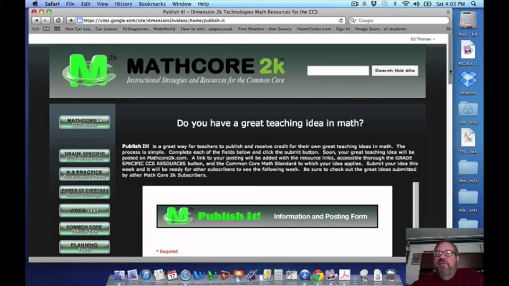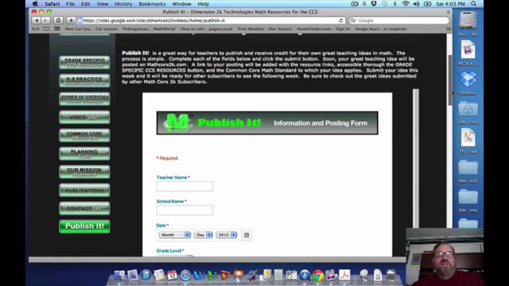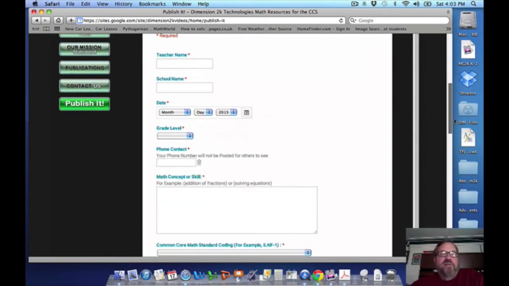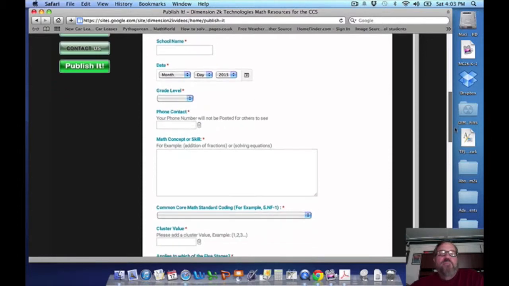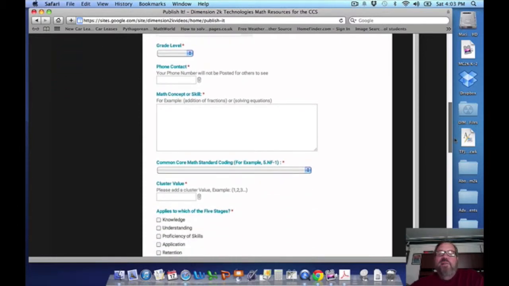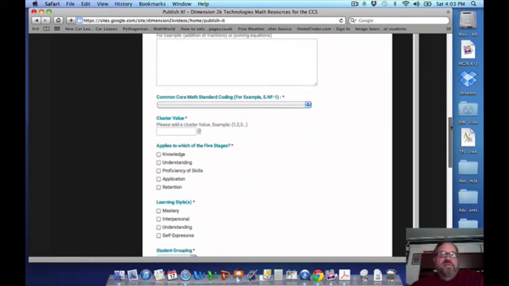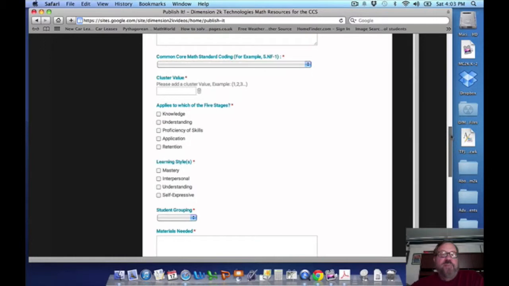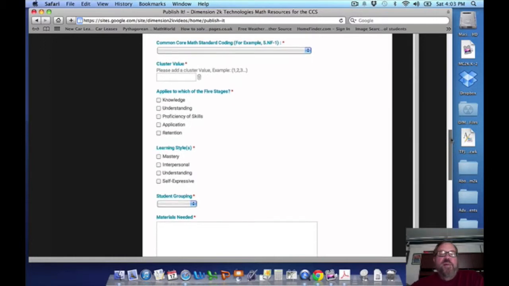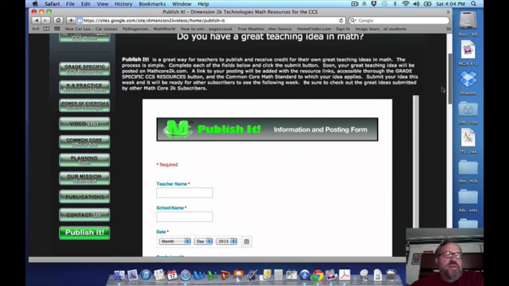So it's real easy. I'm going to scroll down and you can see here we have the place for the teacher's name, school name, date, grade level, phone contact. Now we won't publish your phone contact. We want that in case we have a question about what you're submitting. Place for the math concept or skill, the Common Core standard, the cluster value, and you can tell us, does it align with which 5 stages of math, which learning style, and you can learn about those, by the way, if you look back on our buttons, we have one for the planning tools.